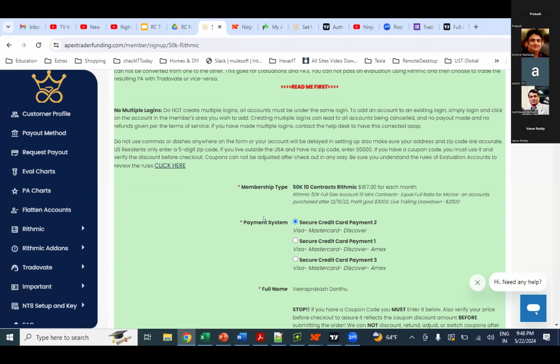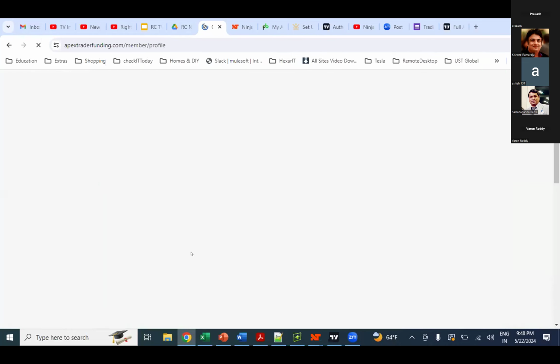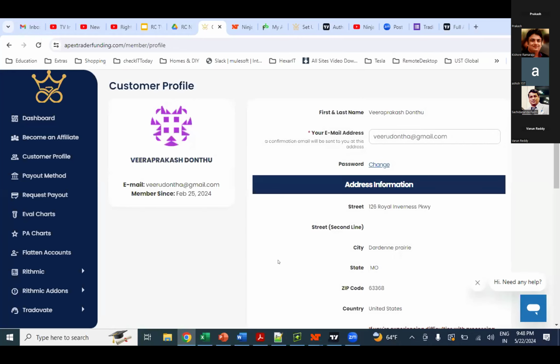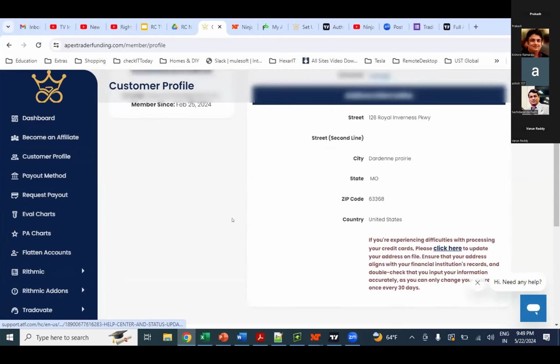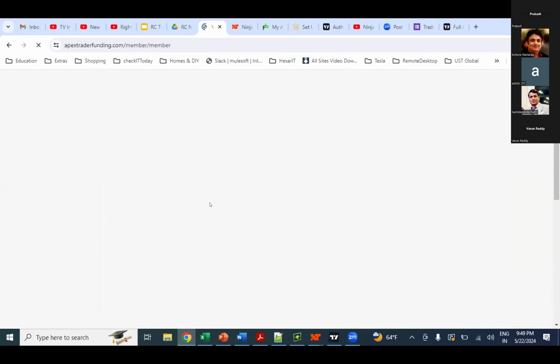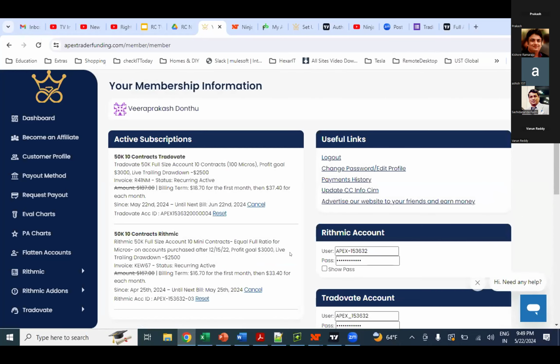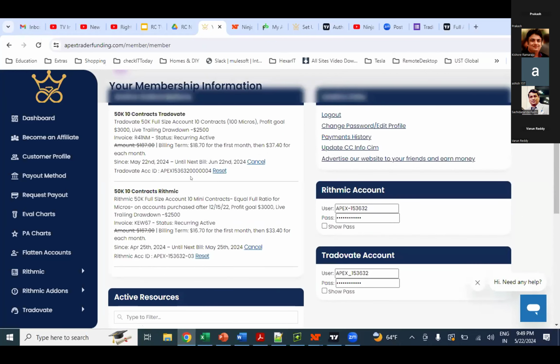Go to customer profile. Okay. And once you click on the dashboard, the first option. Yeah, okay, Tradeaway is ready. Now go to trader.tradeaway.com.